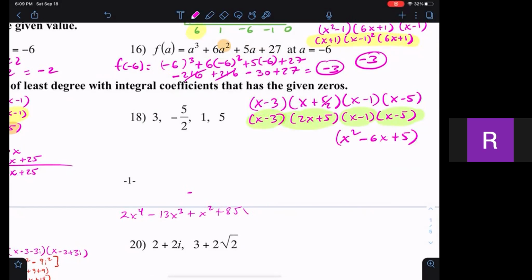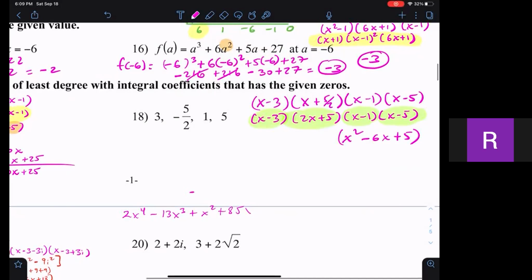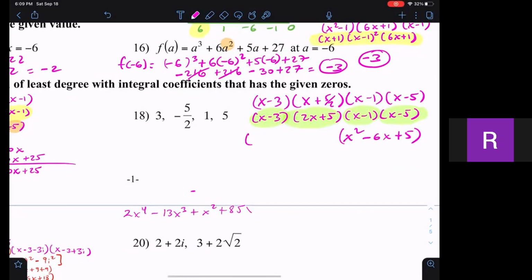Okay, that's good. And now we have this side. So that's going to be 2x squared plus 5x minus 6x minus 15. Now you need to combine like terms. So this is 2x squared minus x minus 15. Now this is right. And then this is x squared minus 6x plus 5. Now we can do the expansion.